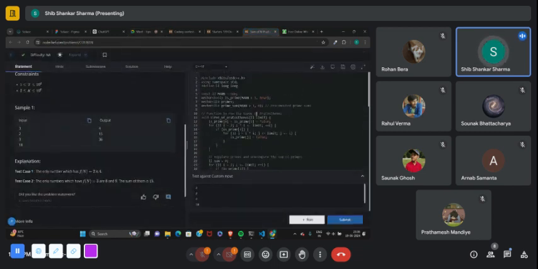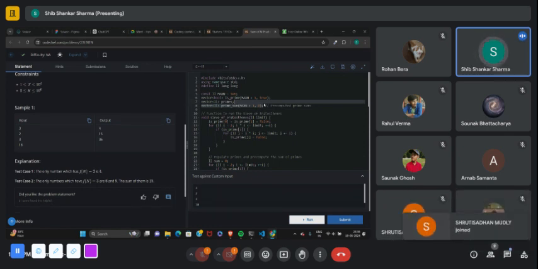So okay, let's see what we have done here. Firstly, we have taken a boolean vector is prime, and then a vector of primes, which will basically store the prime numbers. Then this is the prime sum. I hope you are all familiar with prefix sum.